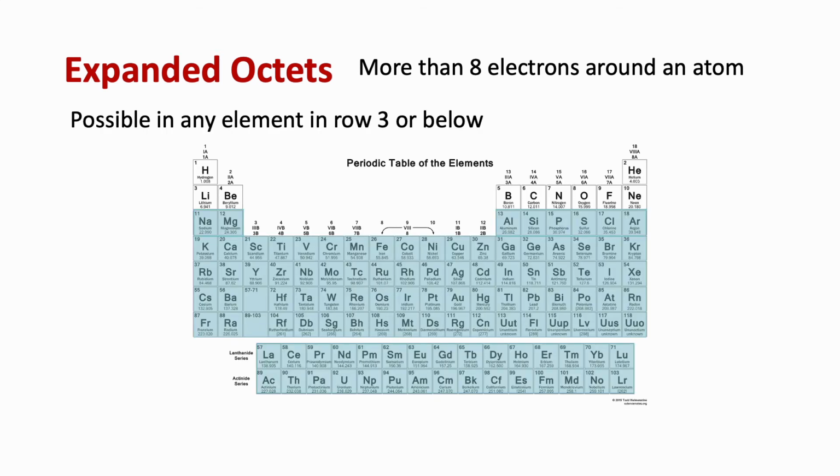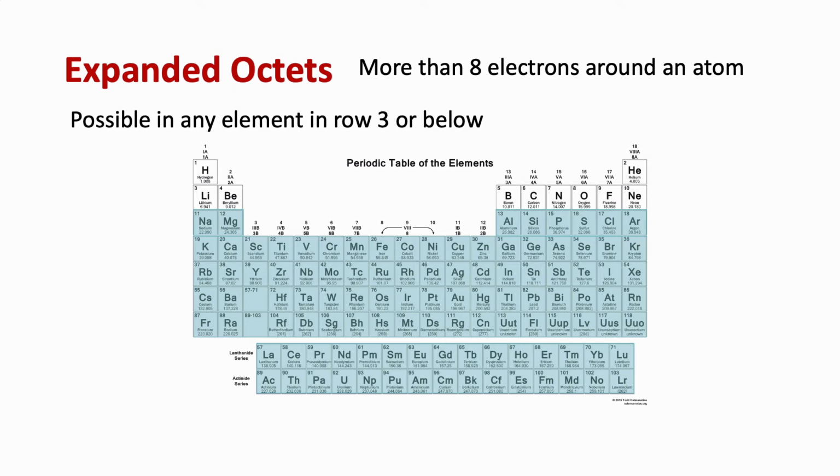All right, now we're going to talk about expanded octets, which is basically any time you have more than 8 electrons around an atom. And I will tell you that this exception to the octet rule is the most common exception. It actually occurs in many, many molecules. So this can happen for any element in row 3 or below. Why is that? Well, remember that you are going to put these paired electrons into an orbital.